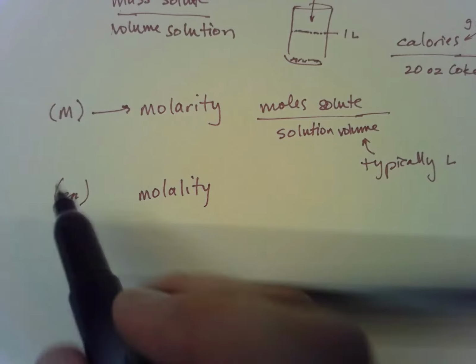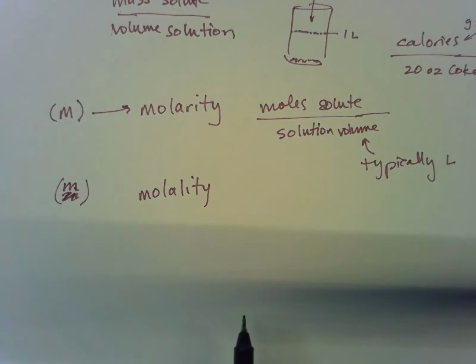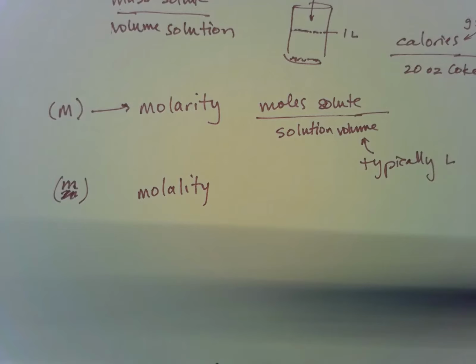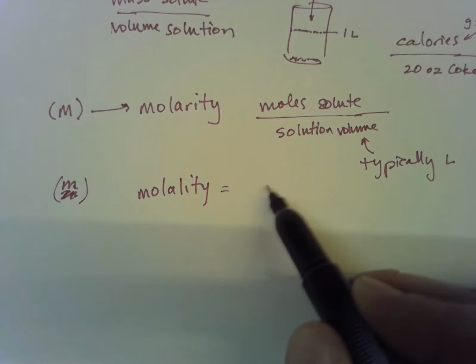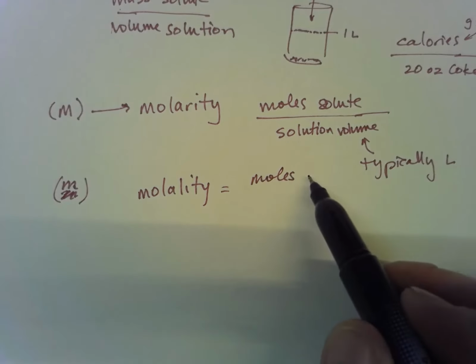That's a terrible little m. I think it's supposed to be italicized. That's really hard to do by hand, so y'all get over it. I assume you're following along in your book so you can see that. And so that's, again, note that all this is in moles.